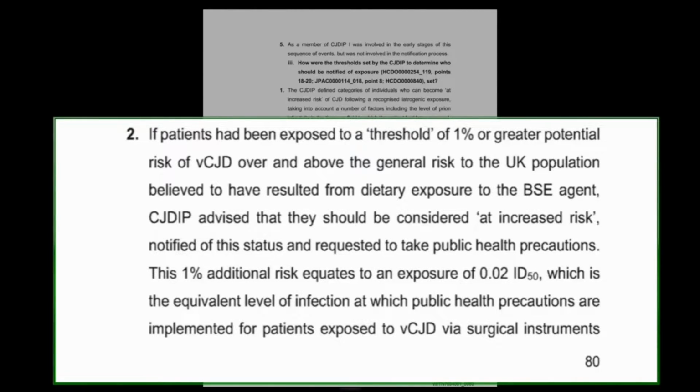This 1% additional risk equates to an exposure of 0.02 infective doses 50, which is the equivalent level of infection at which public health precautions are implemented for patients exposed to vCJD via surgical instruments.